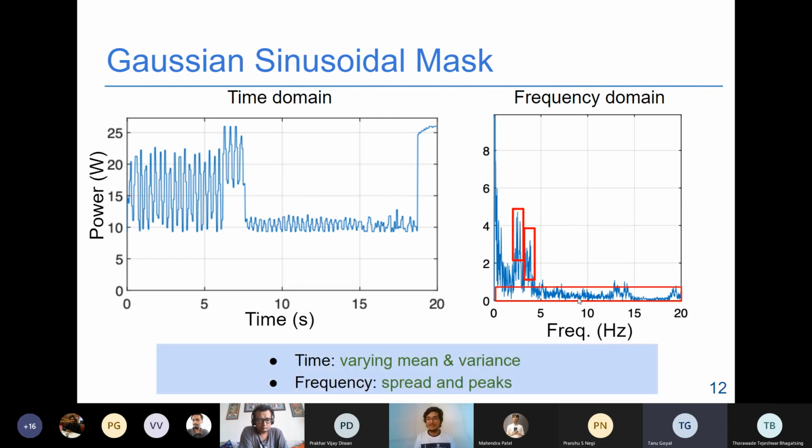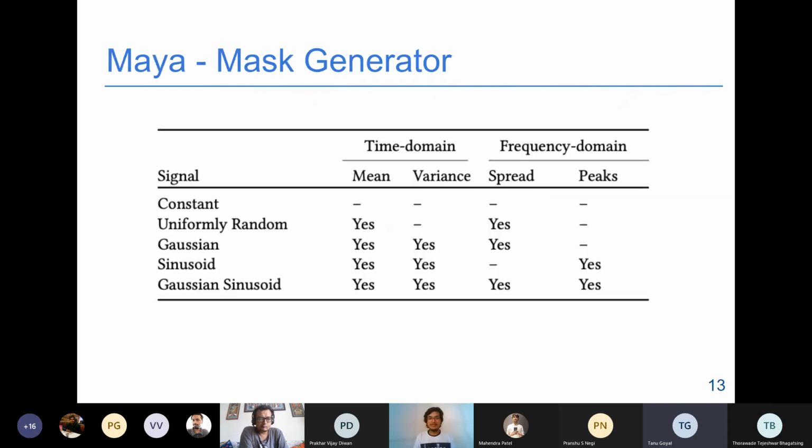So it is actually satisfying all three requirements. Now the authors actually listed 5 possible target distributions, and they finally narrowed down to using the Gaussian sinusoid distribution because it satisfies all three properties.